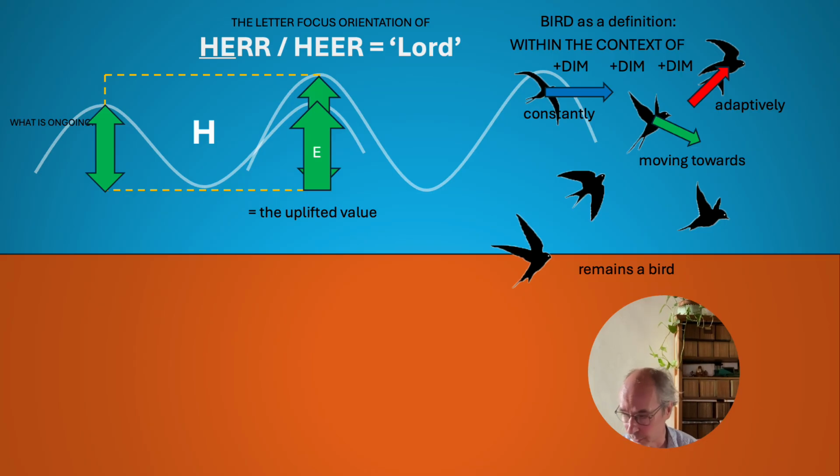These 3 options, the 1, 2, 3 rule, is something within these 3 dimensions which will happen. That it will be adapting towards that field of reference, and within that field of reference of adaptations, there you will recognize the bird, and the bird with all these changes will remain defined by the letters of bird.